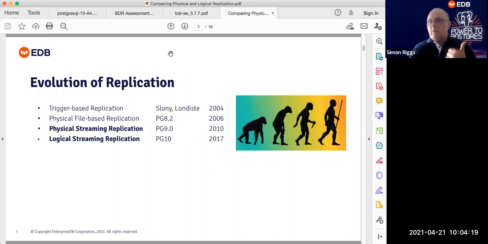Storage-based replication I'm not going to speak about at all because it's not sufficiently integrated, and also trigger-based replication for roughly the same reasons. Those 2 things have been ruled out for many years as being a good thing to use with a database. And as a result, I'm just focusing my attention today on physical streaming replication and logical streaming replication, and mostly talking about what is already in core PostgreSQL.